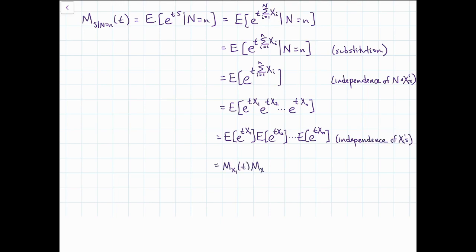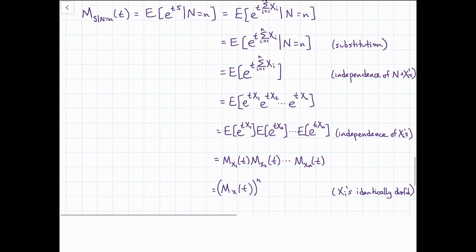Each of those, by definition, is the moment generating function of X1 through Xn, and since all of these Xi's are identically distributed, they have the same MGF, that's just the MGF of one of the Xi's raised to the power of little n.